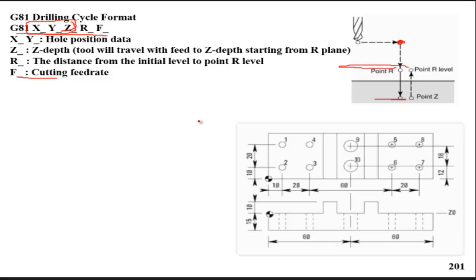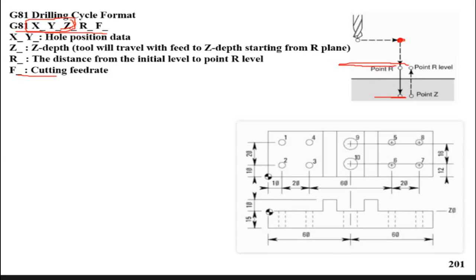Assuming we apply this canned cycle G81 to this group of holes. How can we apply the canned cycle to this group of holes? What holes do we have here? We have 3 groups of holes. This is the first group, this is the second group, and another group in the middle.